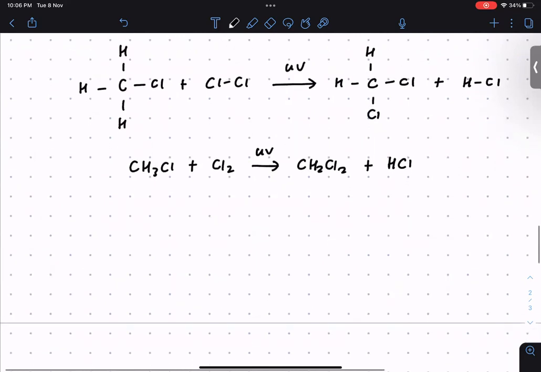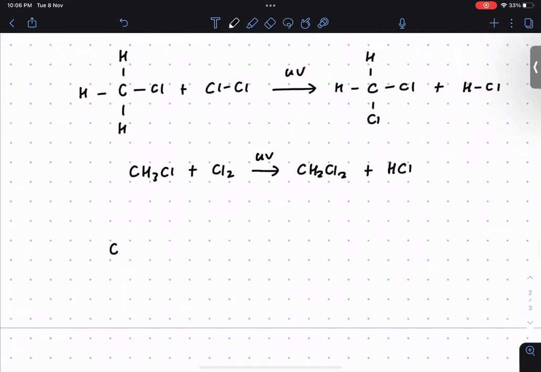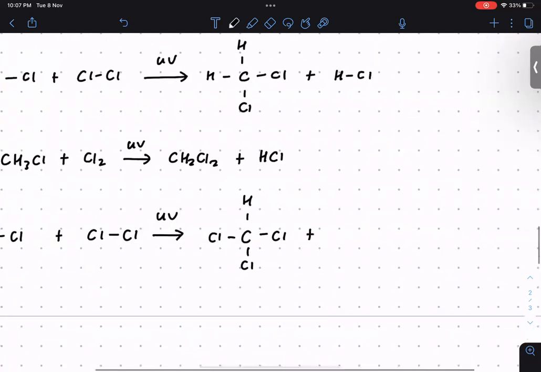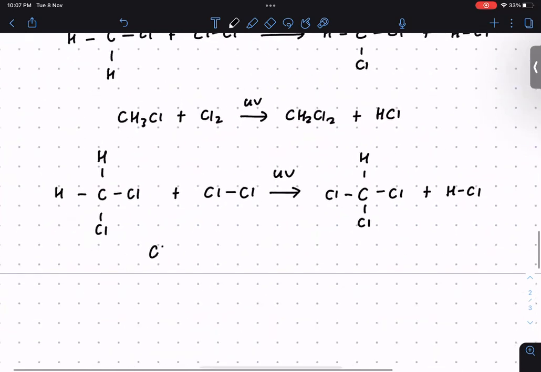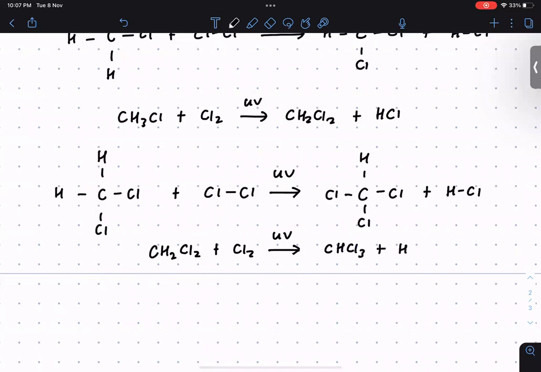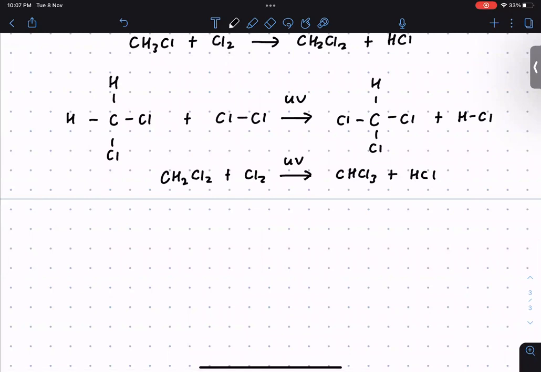And it will continue doing the same thing over and over again until all of the hydrogen is substituted out. And the final step will be the last one.